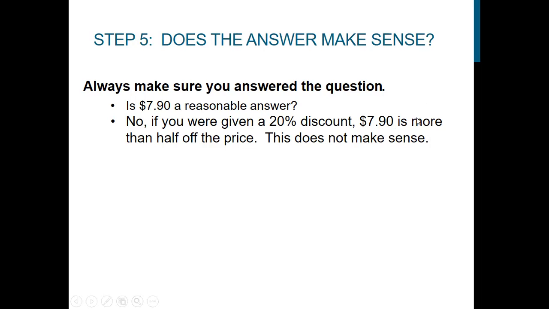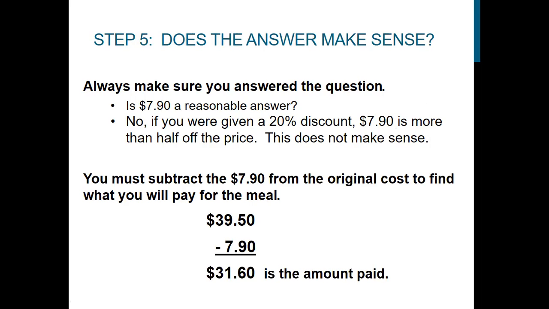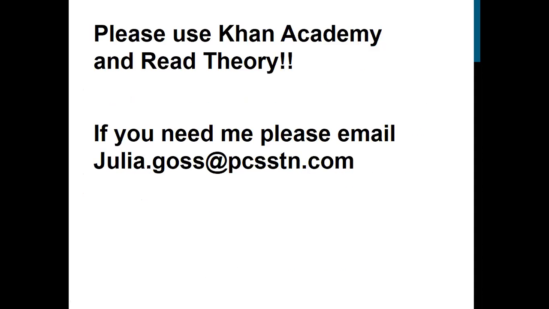So $7.90 is the discount. So we have to do one more thing. We have to subtract $7.90 from the total cost to find out what you'll pay for the meal. So $39.50 minus $7.90 is $31.60, the amount paid for the meal.